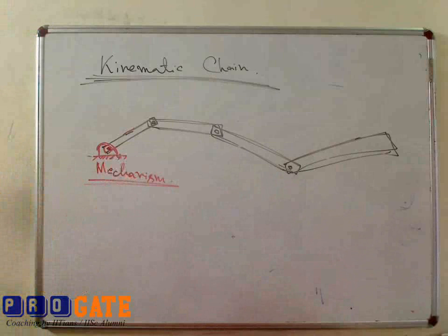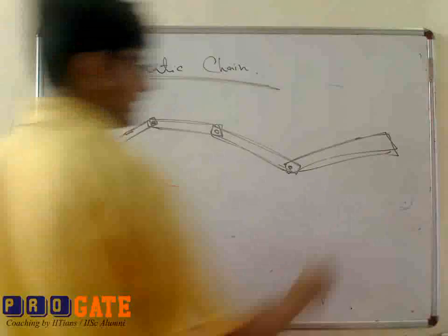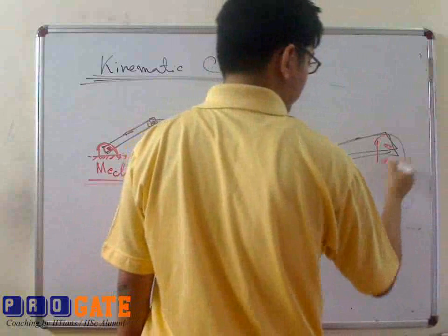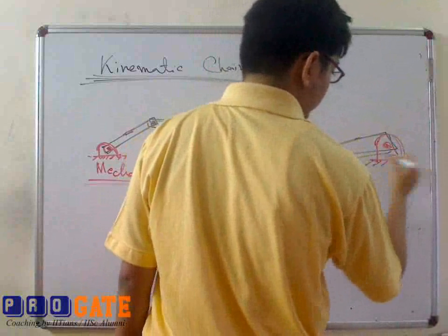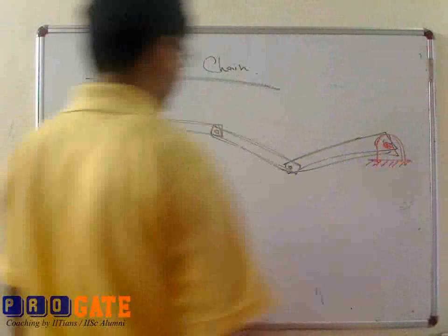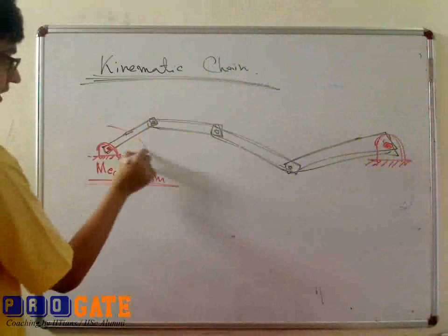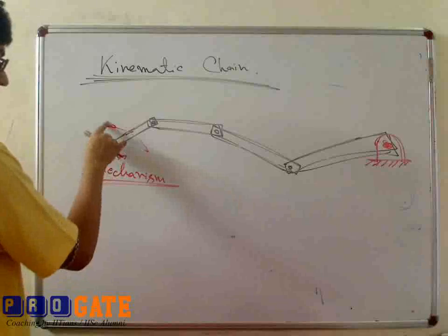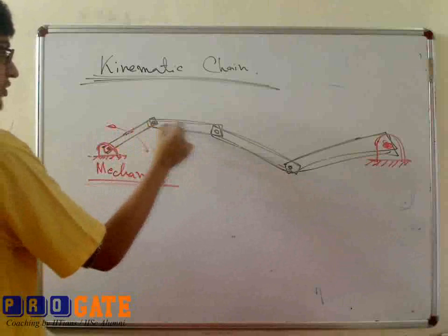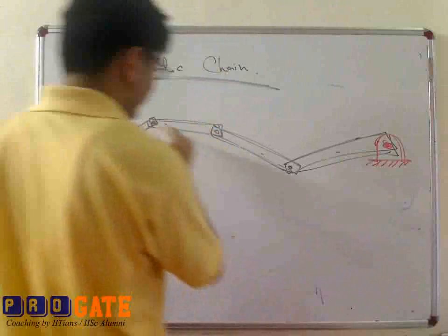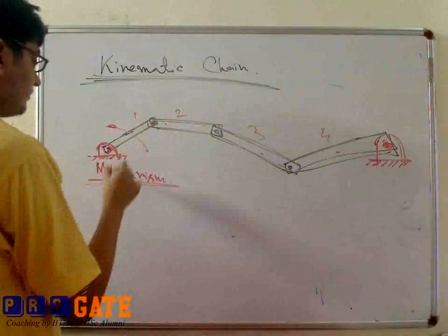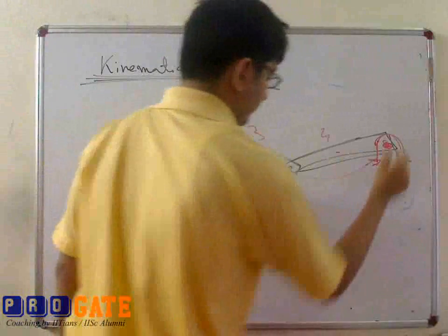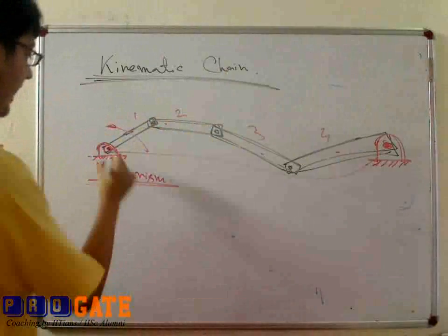This becomes another kinematic pair, and here also you make a hole and join this plate to the ground by means of a pair. Then if you give any motion to this plate, this motion will transfer to links 1, 2, 3, 4. And the ground will also act as a link.